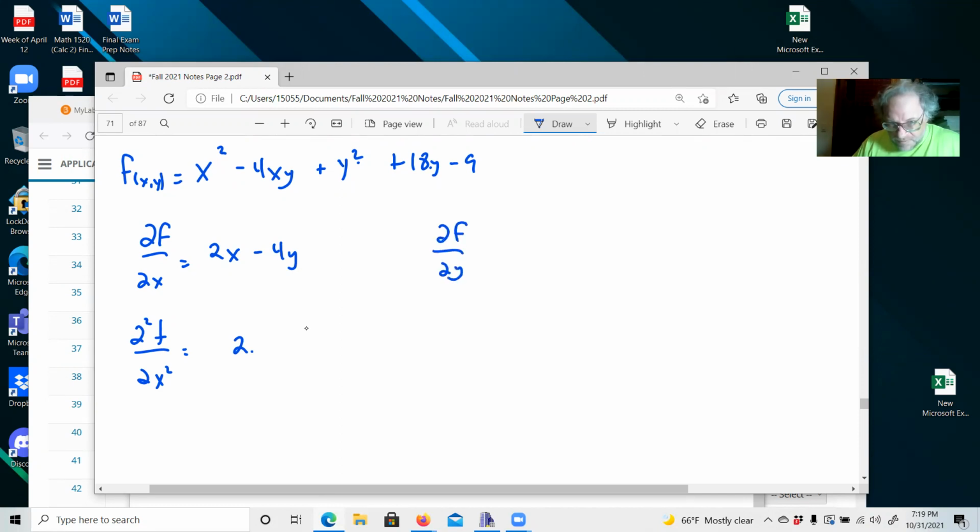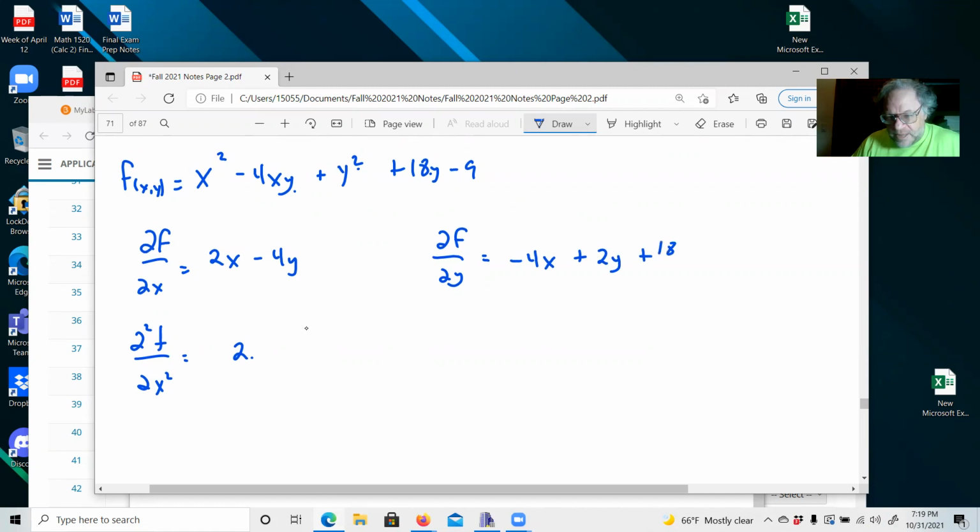Okay, so df by dy, what do we have here? We have negative 4x because we're taking this derivative with respect to y, plus 2y, plus 18, and of course 9 is a constant, so that's done. And if we take our second derivative with respect to y, we're going to have 2.